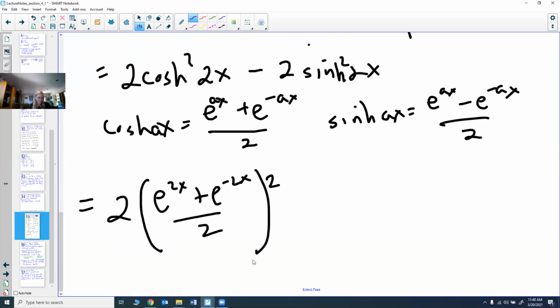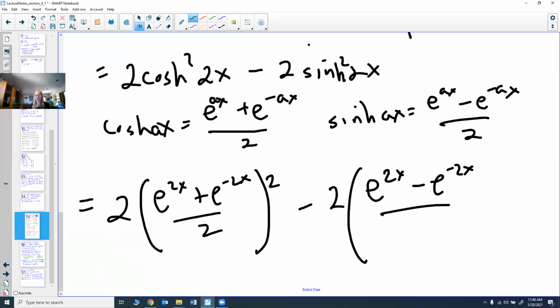And then we're going to have minus 2 times the sinh, which is e to the 2x minus e to the minus 2x over 2, and that again is being squared.